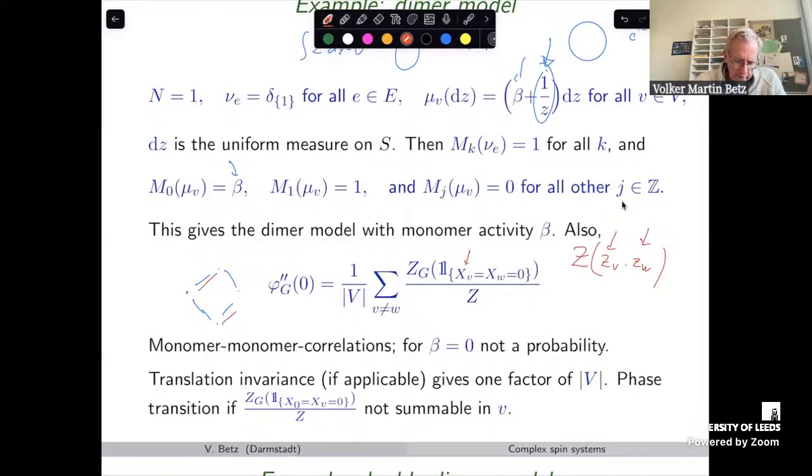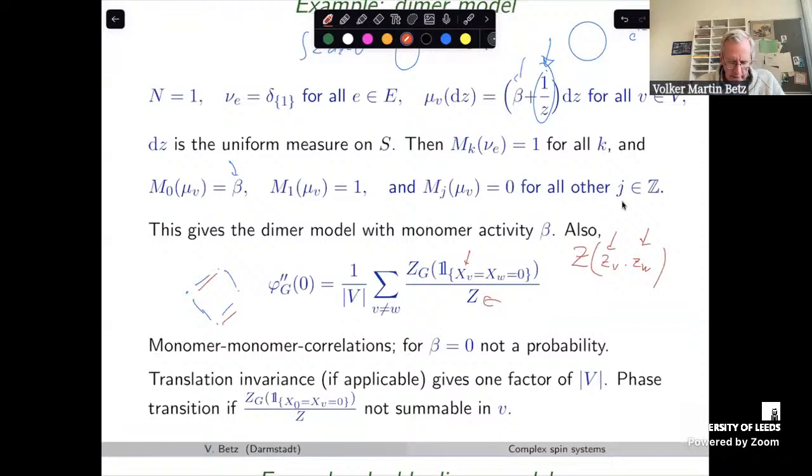And then because of this second derivative, because of the logarithm, you divide by z. So you have your ratio of partition functions, the ratio of the thing with two monomers to the one without monomers. So there's a monomer correlation in this model. And if beta is equal to 0, this is not even a probability because there are no monomers in Z in this case.